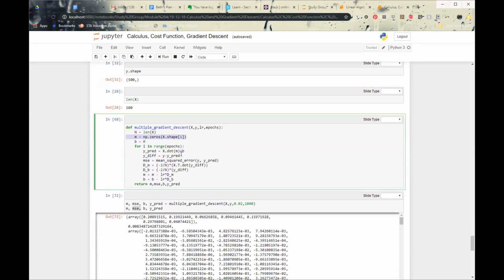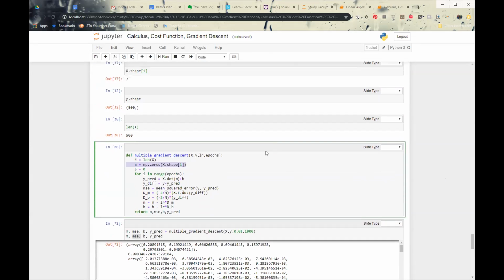So in that case, if we do a dot product of x and m, plus the constant, we will get our y observation, which is 500 observations. And then the y pred will just be x dot m plus b.